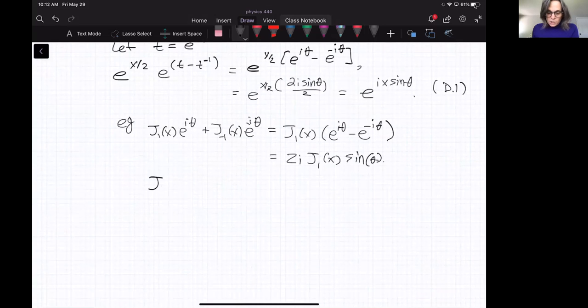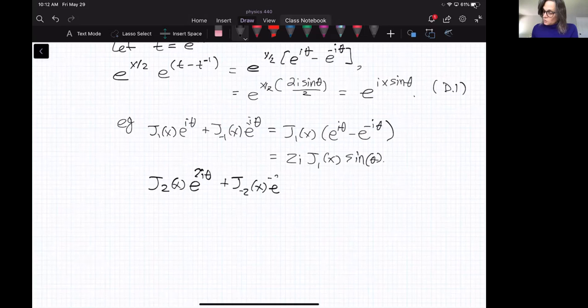And we could write J2 of x e to the 2i theta plus J minus 2 of x times e to the minus 2i theta. You can sort of see where I'm going here. This is equal to 2 times J sub 2 cosine of 2 theta.